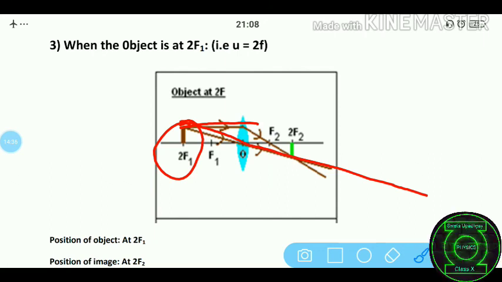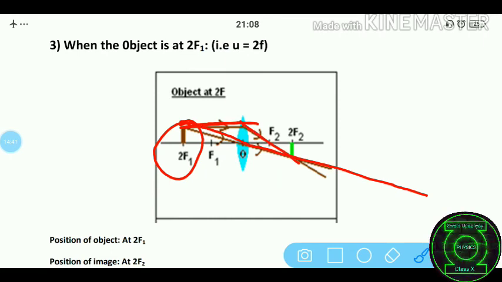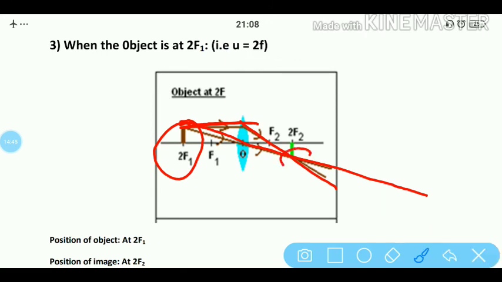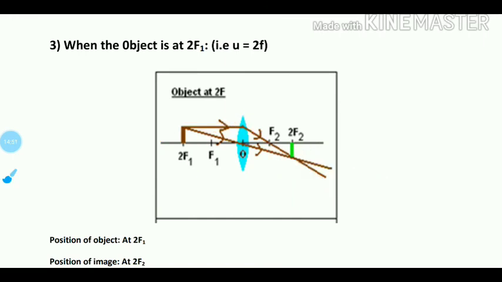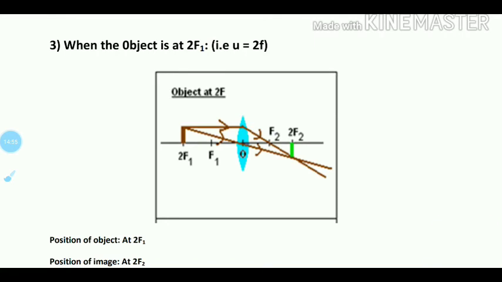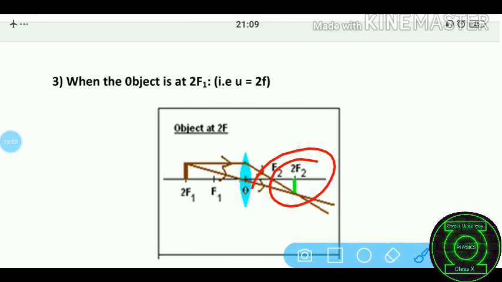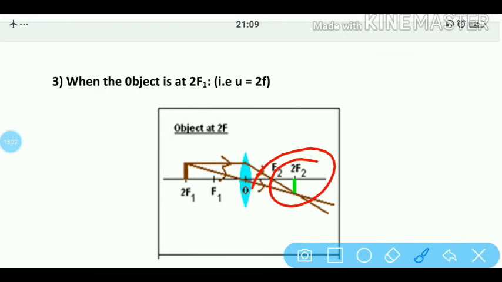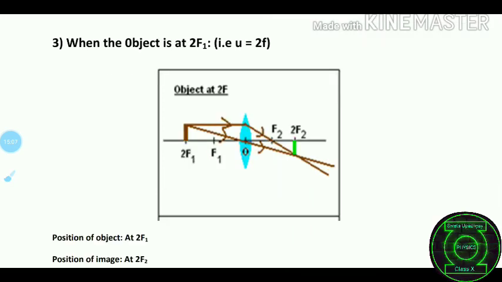And the one which is parallel to the principal axis will pass through the focus. Hence, these two rays meet at this point. So when the object is kept at 2f1, the image will be formed at 2f2. So the nature is real and inverted, same size.